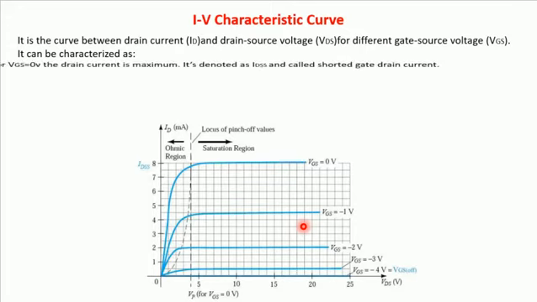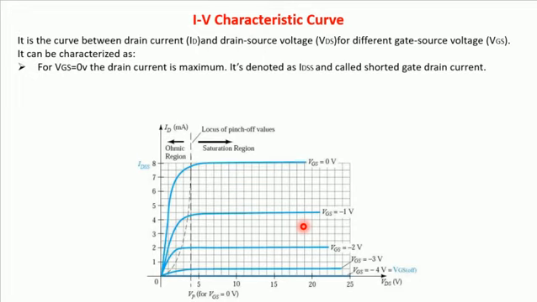It can be characterized as follows: for VGS equal to 0 volt, the drain current is maximum. Why? Because the gate source voltage is the controlling voltage of the junction field effect transistor, and if we are not providing any control voltage, the electrons will pass at their maximum level, as no depletion layer will be formed over the regions.